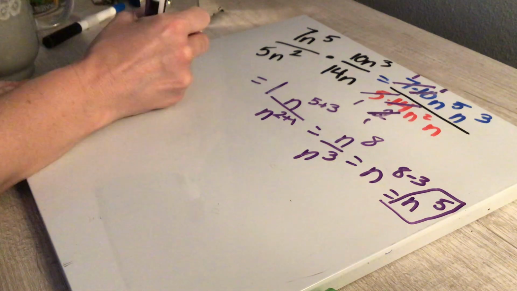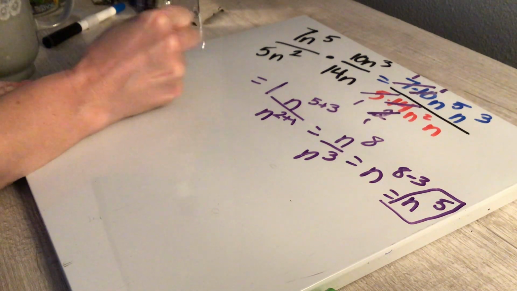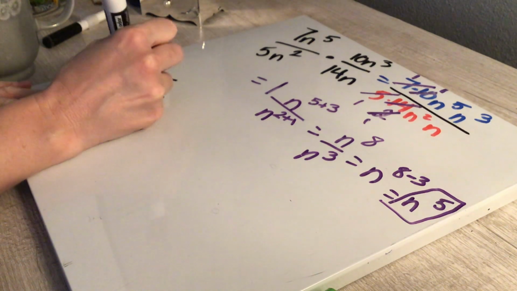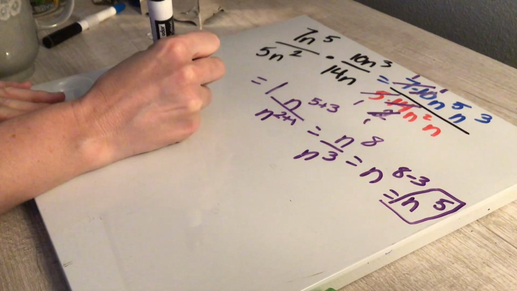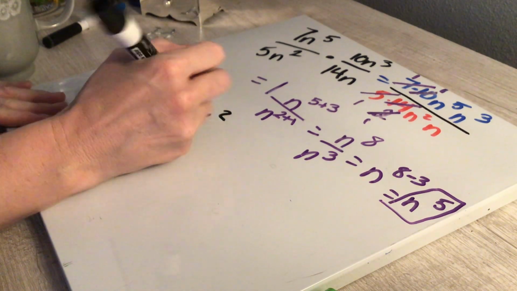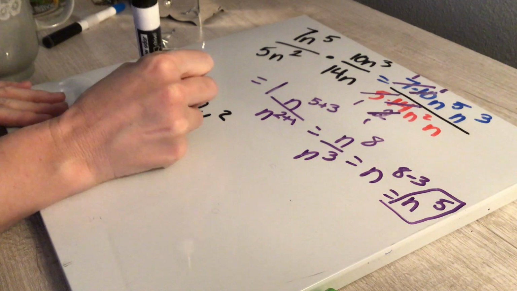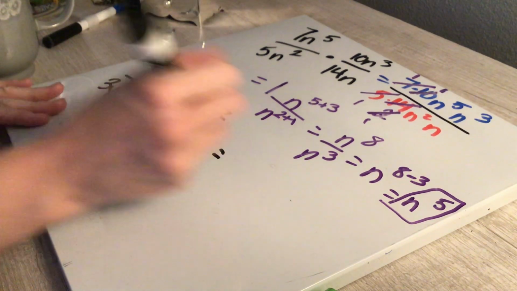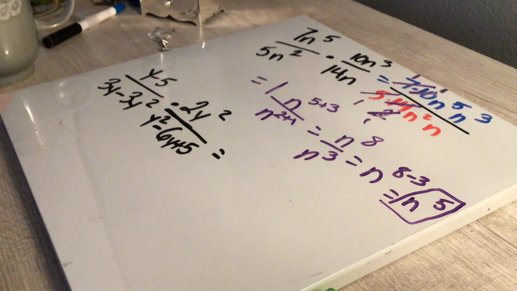All right, we have y minus 5 over 3y minus 3y squared times 2y squared over y squared minus 6y plus 5. What I would do on an expression like this is I would simplify everything if possible, or factor, okay?